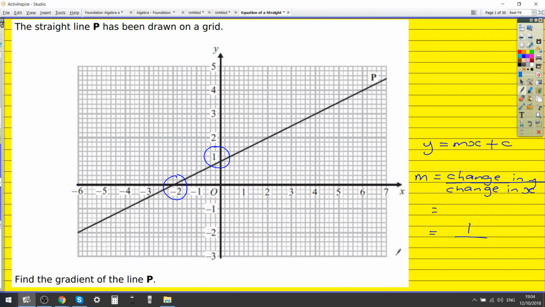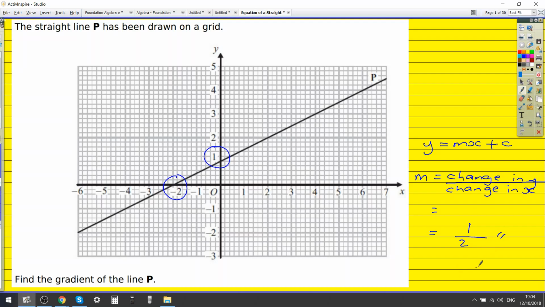And then for x, it's minus 2 and 0, I think. Yep. So it's 2. And so that's it.